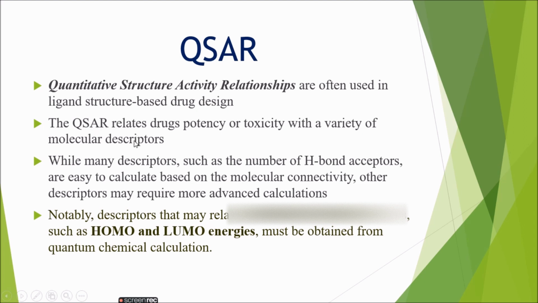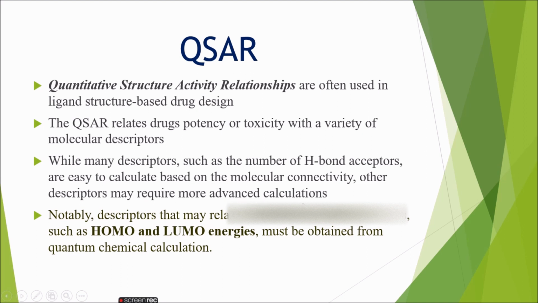What are these molecular descriptors used to relate the drug's potency or toxicity? There are many descriptors available. One such descriptor is the number of hydrogen bond acceptors, which can be easily calculated based on the molecular connectivity, that is, the bond orders. But there are other advanced descriptors available which require more advanced calculations, and these can only be computed.